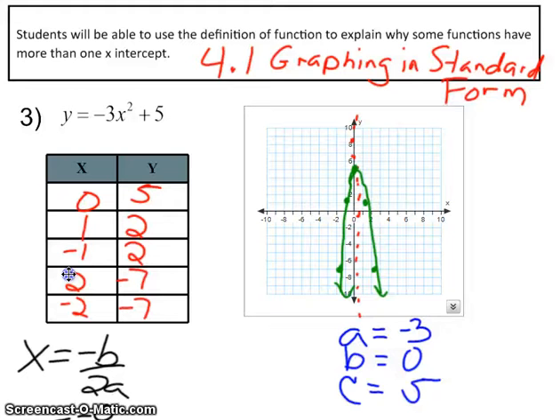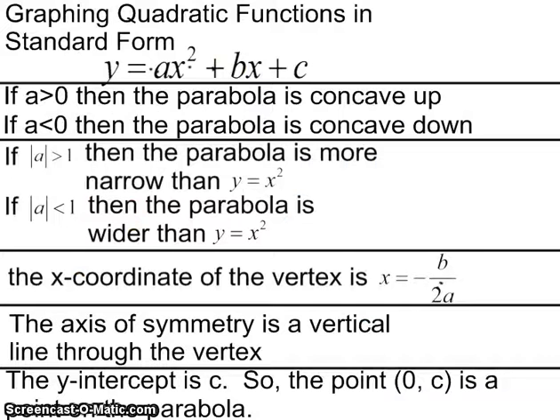Now, there's one thing on your vocabulary and formulas page that we haven't talked about yet. I don't think we talked about narrower or wider yet. So let's look at that now. If the absolute value of A is greater than 1, the parabola is more narrow.